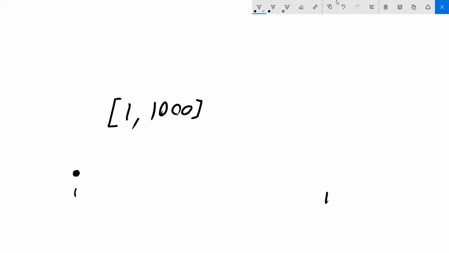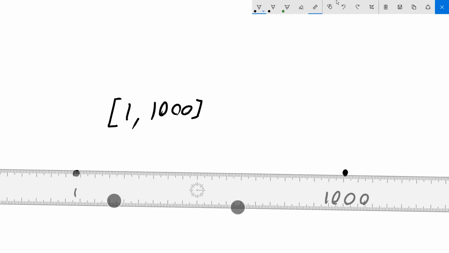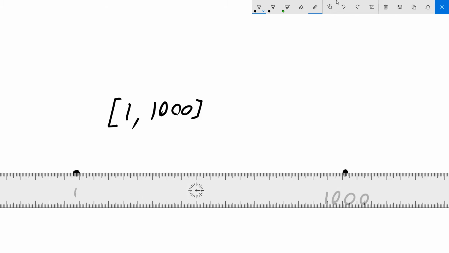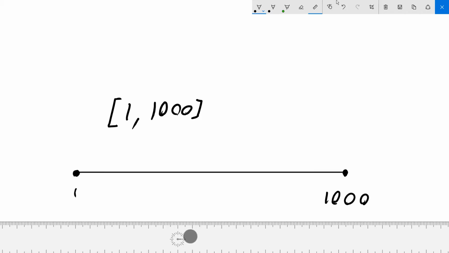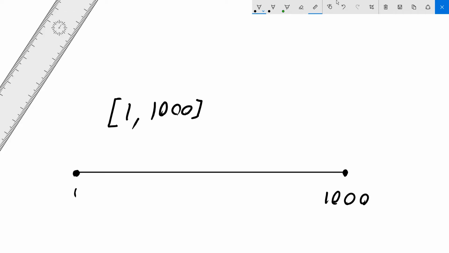Here's 1, and here's 1,000, and we have another solid dot there, and then we draw a line from here to here, and that's our number line. That's what it's including. Everything in this space here. All of it.